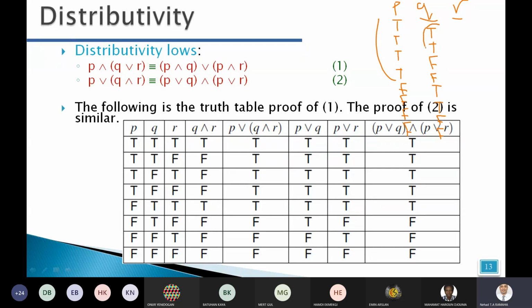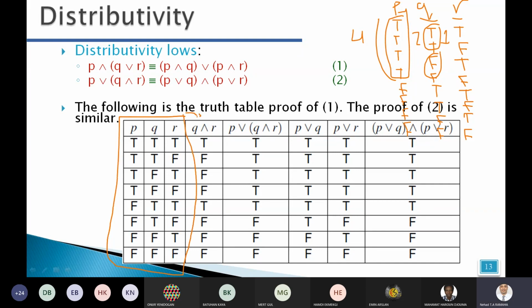You can understand this sequence. It's like 4 times, 2 times sequence, then 1 time sequence. True, false, true, false, true, false, true, false. Like this, I can write all the possibilities for these propositions.